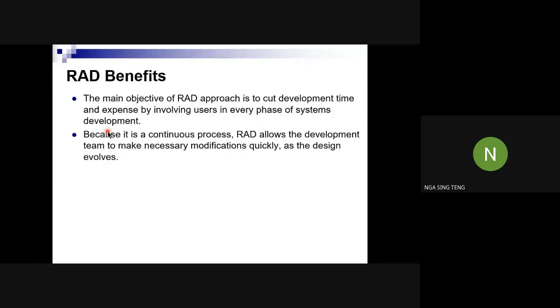So definitely at the end, the user will be very satisfied because they give comments here and there, and now the final product is really what they want. Okay. It's not like some models where you only ask the user to come in at the early stage, for the middle stage you didn't ask them, and after your own testing, they say, this is not what I want. You have to redo everything.